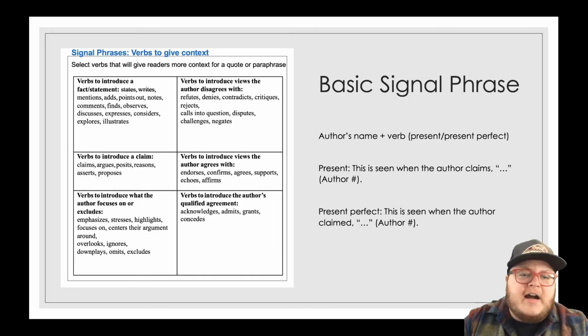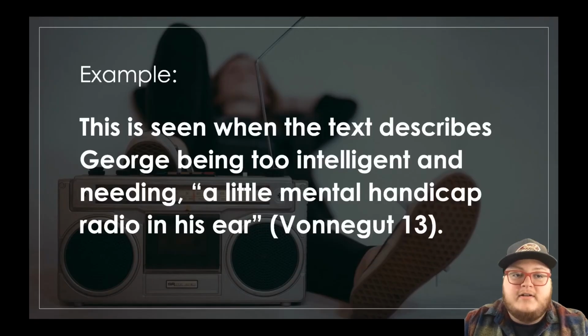On the left here, I have a whole breakdown of some ideas instead of just saying this is seen when the author claims, but you're going to have mentions, refutes, endorses, asserts, argues, overlooks, admits, acknowledges, concedes. So this is a great way to differentiate your signal phrasing and your quotations being put in place.